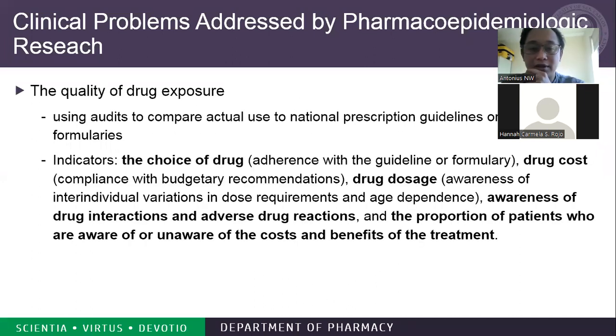And then the second one is quality. We know that we have a big problem in Asia: some of the medications in our market are counterfeit, or of low quality.